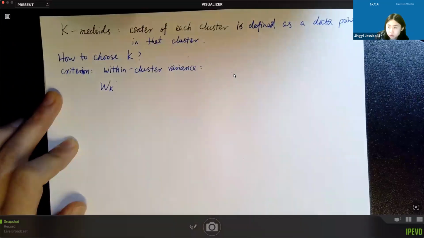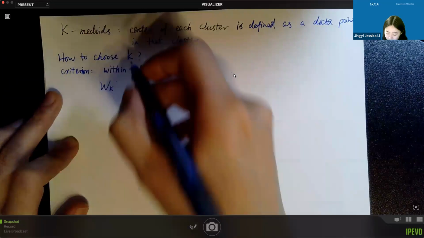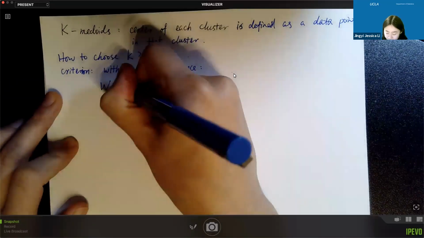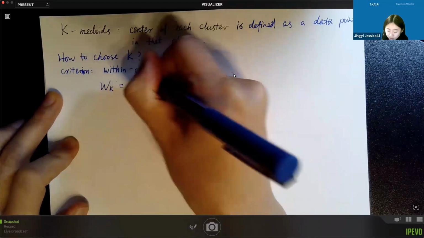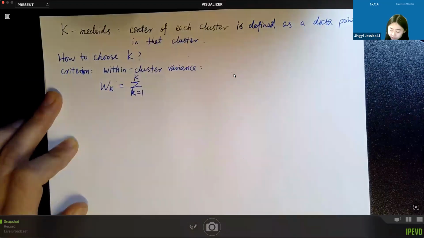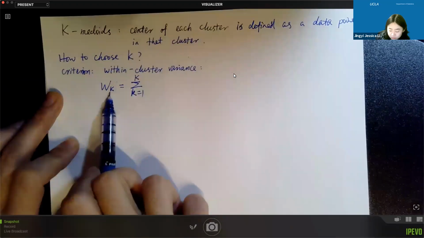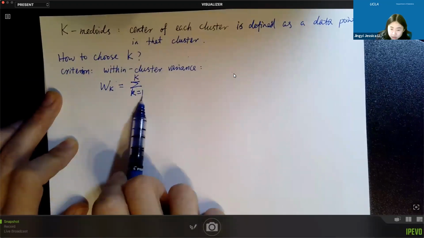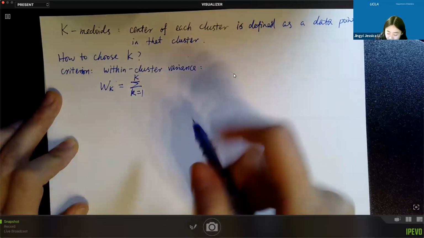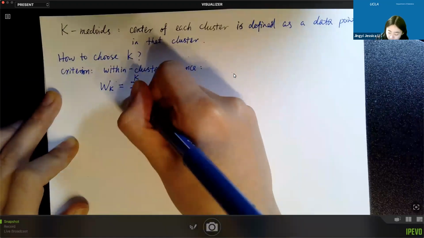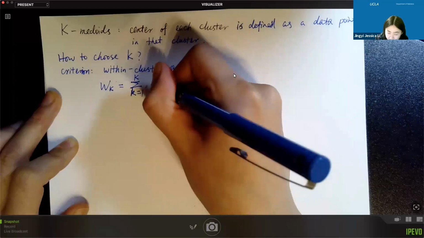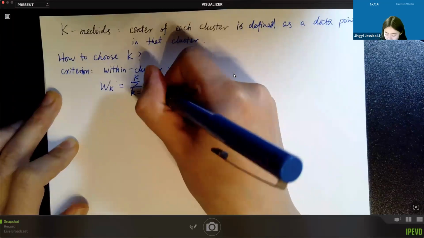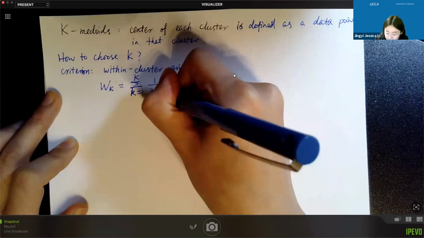There are two ways to write it. Let's just use one way first. We take the sum for cluster from 1 to capital K. Given a fixed K, we can calculate WK as the sum across clusters. And within the K-th cluster, we will calculate the average squared distances as 1 over 2 NK times a summation.